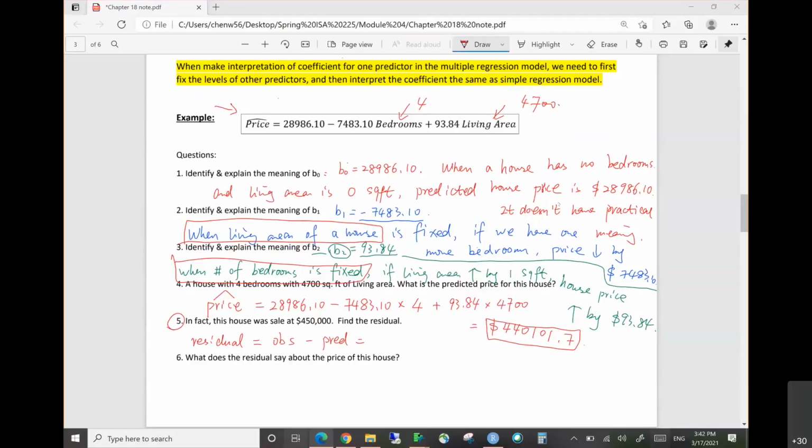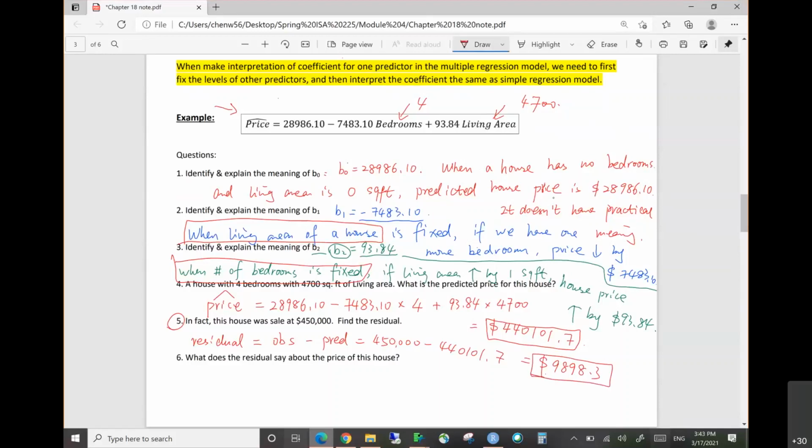The observed is 450,000. What is the predicted? Is it 440,101? Perfect. So that would be what we observe and the predict, so it would be 450,000 minus 440,101.7, and then we have the residual, which is $9,898.3. Okay, so this is our residual.